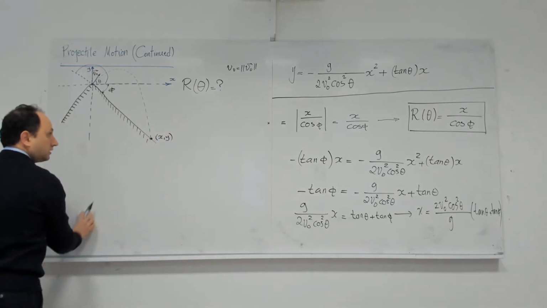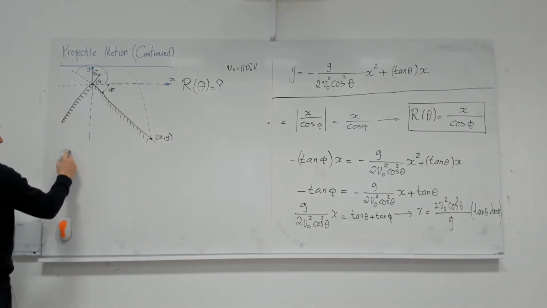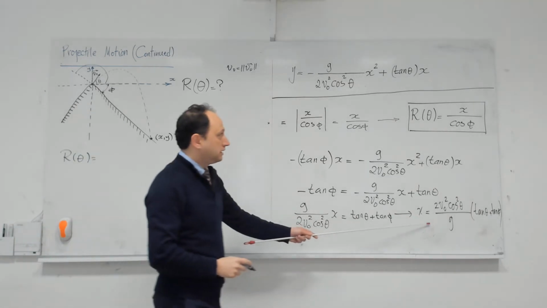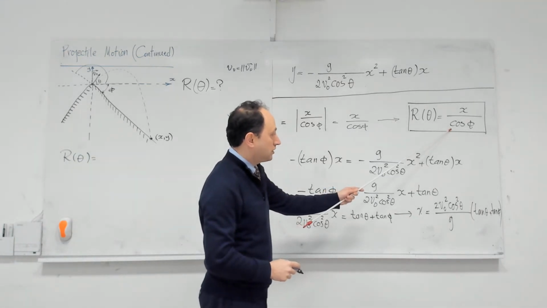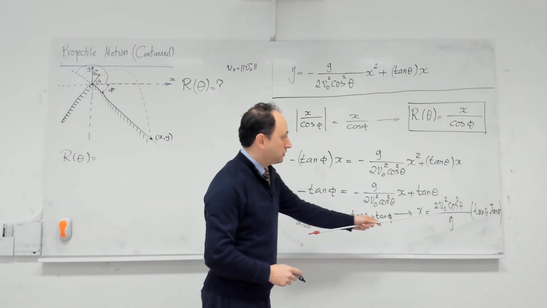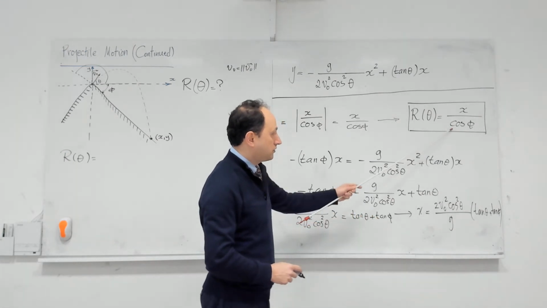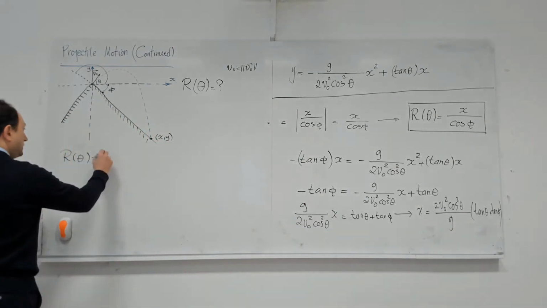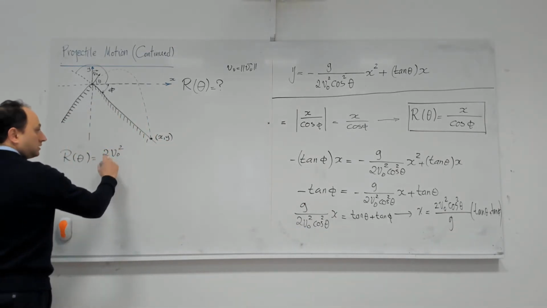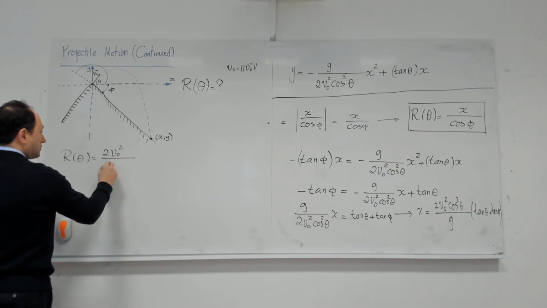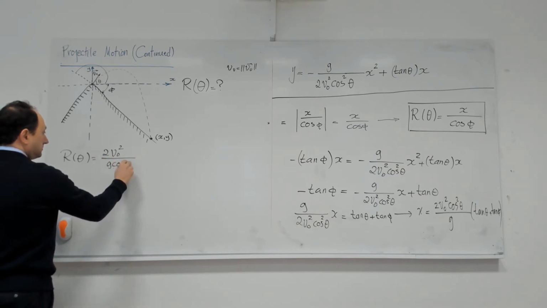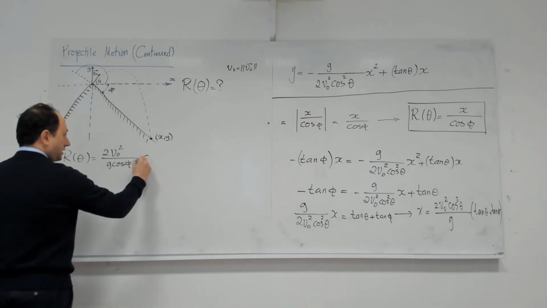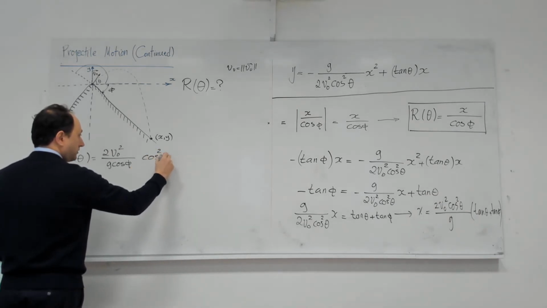So r of theta is equal to x that I found here divided by an extra cosine phi. I hope that you agree with me. If I divide this by cosine phi, it will go here, yes? So this becomes 2v naught squared over g cosine phi. I intentionally want to separate cosine squared theta and put it here because this is my variable.